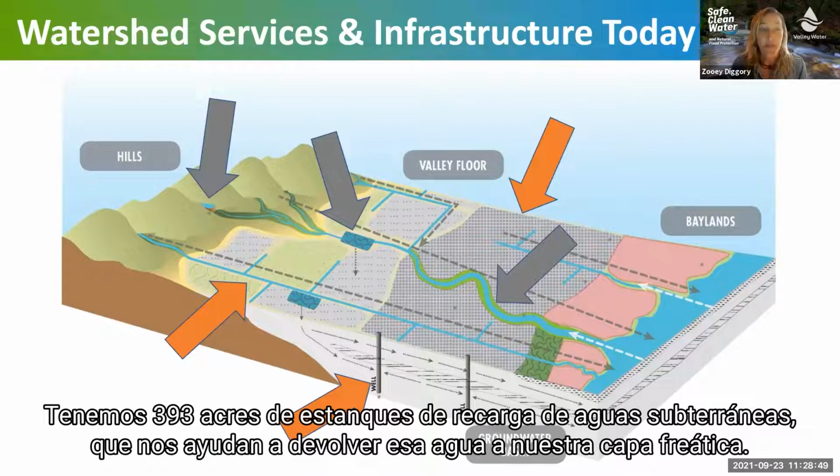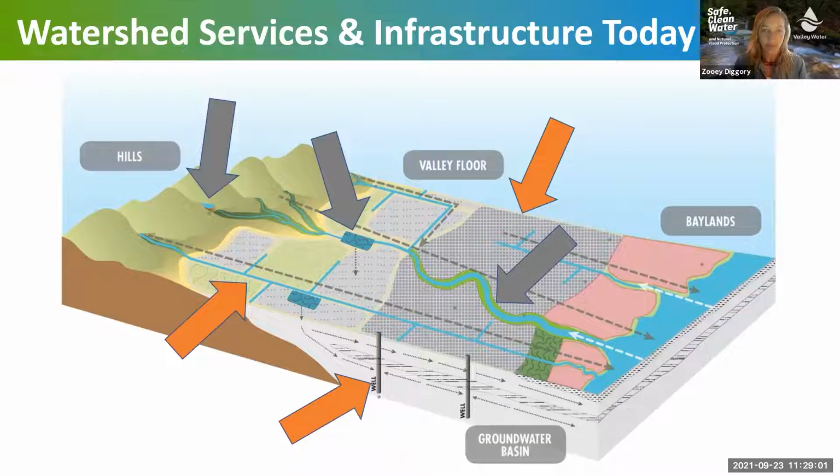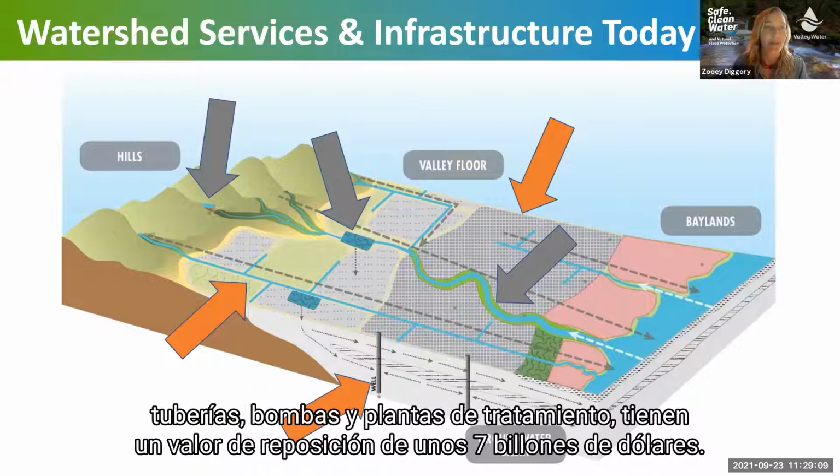We've got 393 acres of groundwater recharge ponds which help us get that water back into our groundwater table. And we've got about 100 miles of levees to protect our communities from flooding. So for your reference, our water supply infrastructure now, that includes our dams and reservoirs, our groundwater recharge ponds, pipelines, pumps, and treatment plants, has a replacement value of about $7 billion.